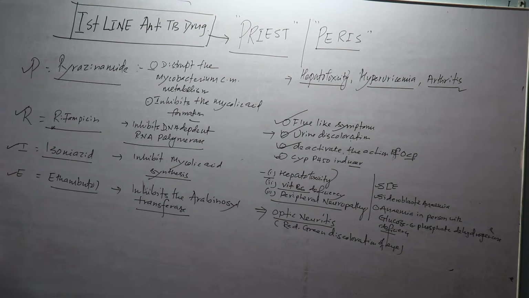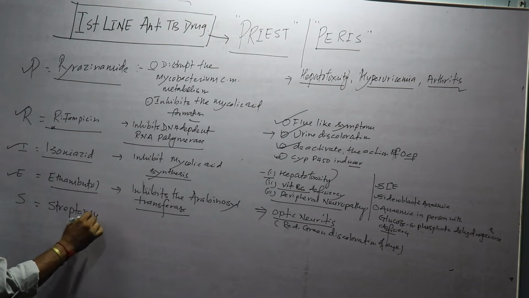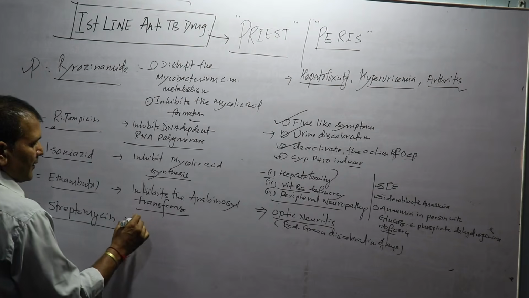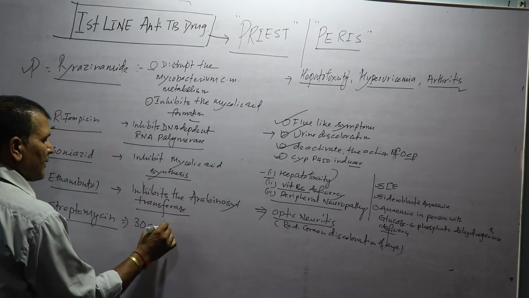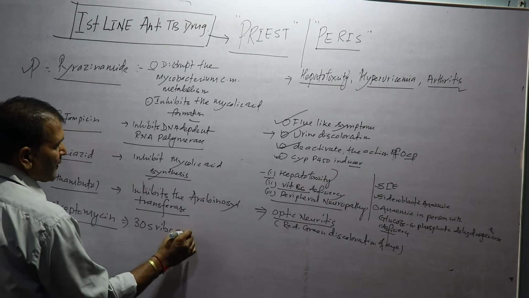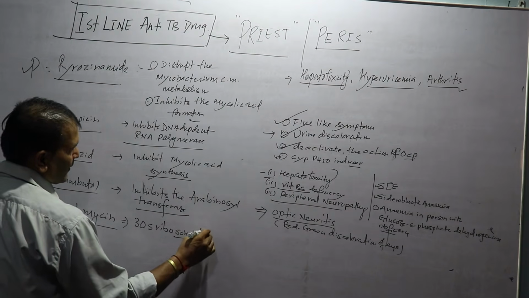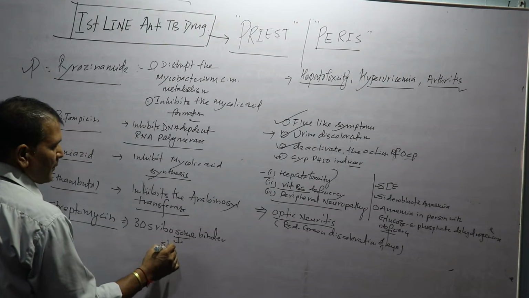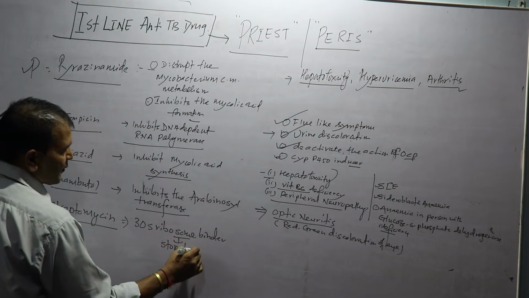So PRIE, and the last drug that is in the first-line anti-TB drugs is S for streptomycin. It's an aminoglycoside drug. It's a 30S ribosome binder. Once it binds, it inhibits protein synthesis and stops the translation process.